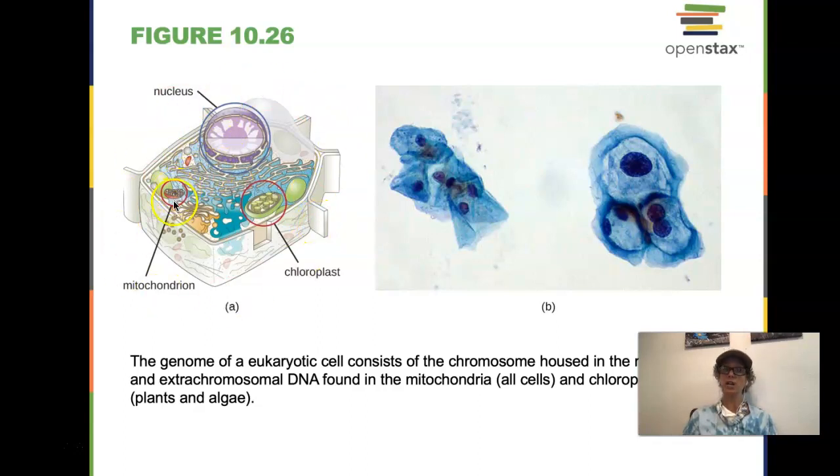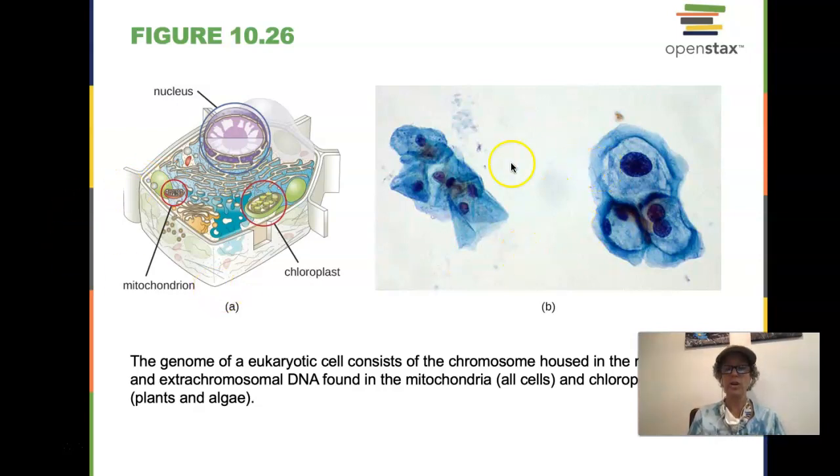So the mitochondria have a genome. In eukaryotic cells that photosynthesize, they have chloroplasts that also have a genome. So as animals, we have a nuclear genome and a mitochondrial genome. Photosynthetic eukaryotes have a nuclear genome, a mitochondrial genome, and a chloroplast genome.